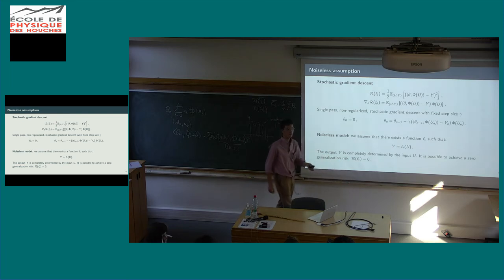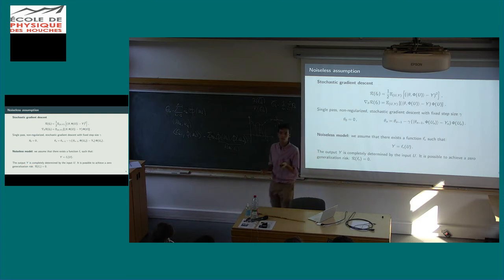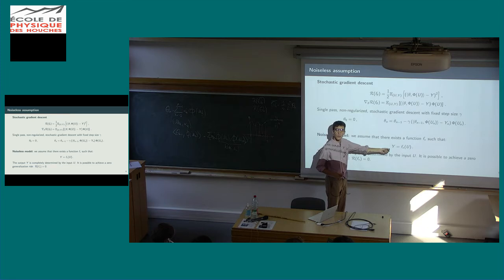In some machine learning situations, this is realistic. If you think of a cat versus dog problem, for instance, you have images of cats and dogs, and you want to say if it's a cat or a dog. For typical images, there is no ambiguity. There exists a function that will tell you the truth, and humans have a good approximation of this function.